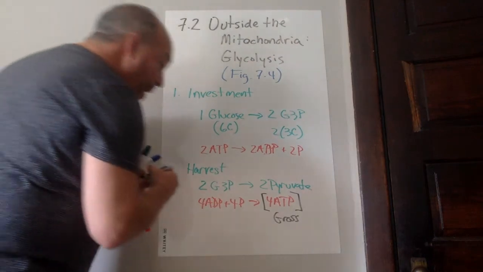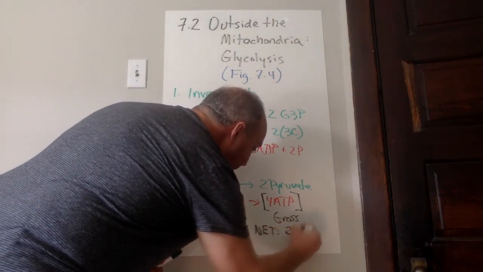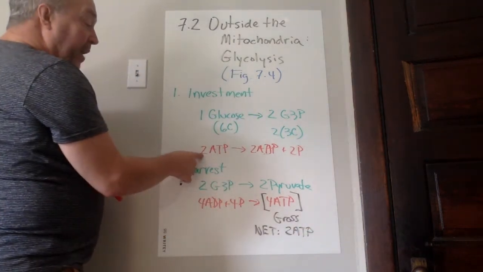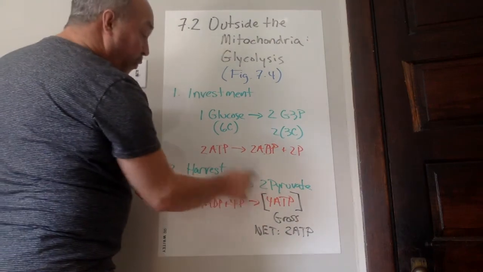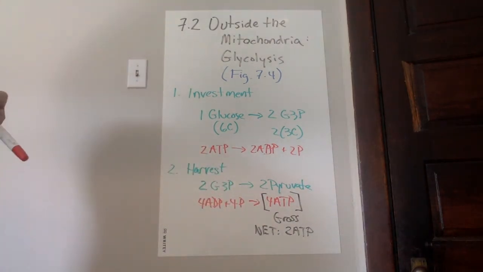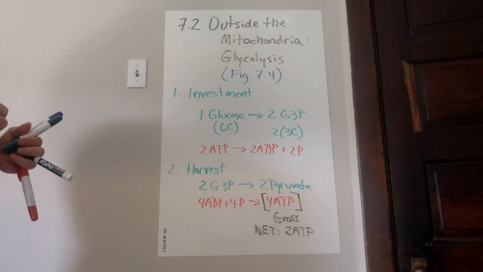But if we want to know how many net, we only get a net of 2 ATP. If we take out our investment, 4 minus 2 means we only actually made a total of 2 net. So gross versus net is going to be important.